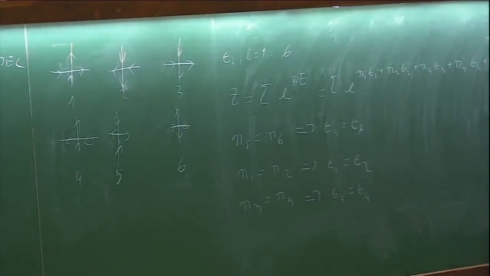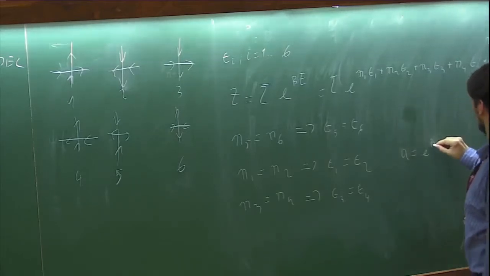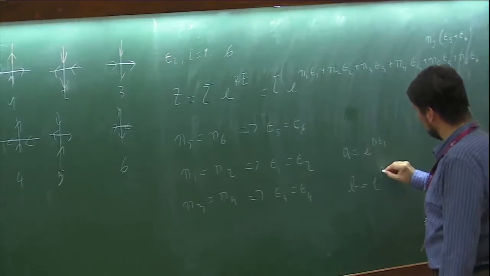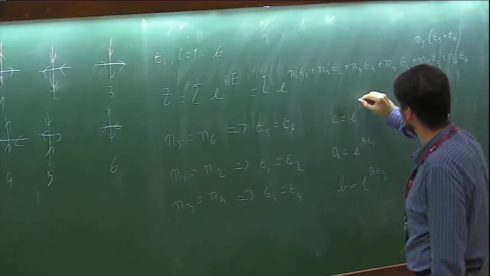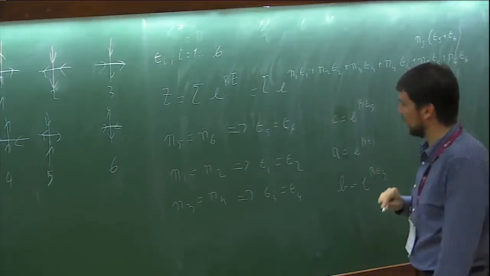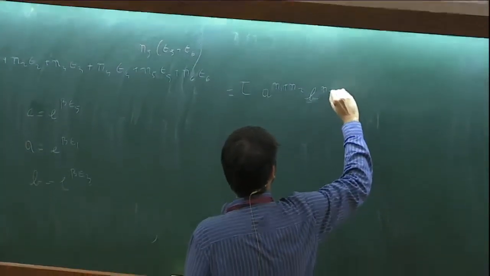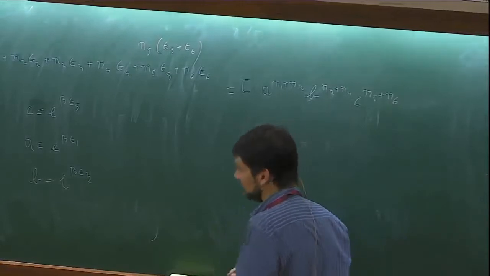So from this point of view, I only have three relevant energies to work with, and therefore I will call A the Boltzmann weight of the first type of vertices, B the Boltzmann weight of the second one, and C of the last type of vertices, so that my partition function becomes A^(n1+n2) B^(n3+n4) C^(n5+n6).